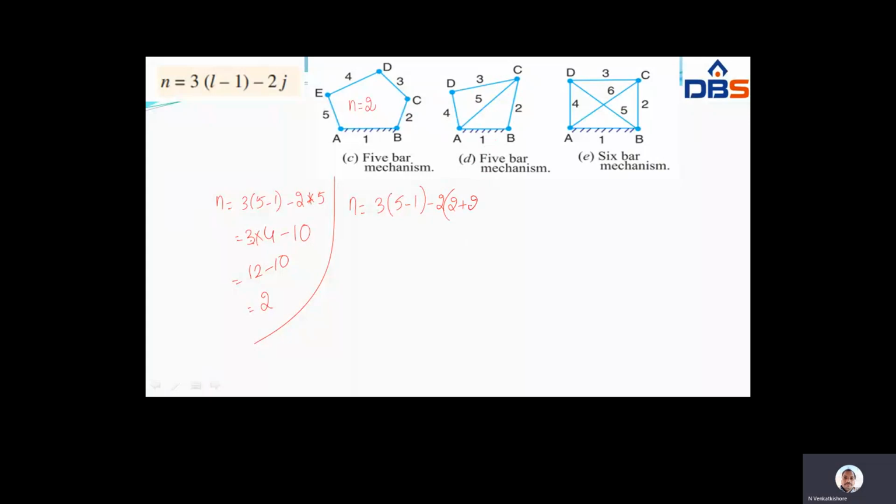So 1 ternary joint equals 2 binary joints. So 3 into 4 minus 2 into 2 plus 4. This is called one set. So 12 minus 2 into 6, so 12 minus 12. Here also n equals 0. Then what about the last one?